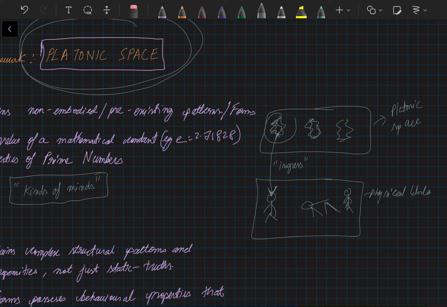So these non-physical patterns use the human body or any physical body to ingress into the physical world, to access the physical world. Okay, so that's his idea.